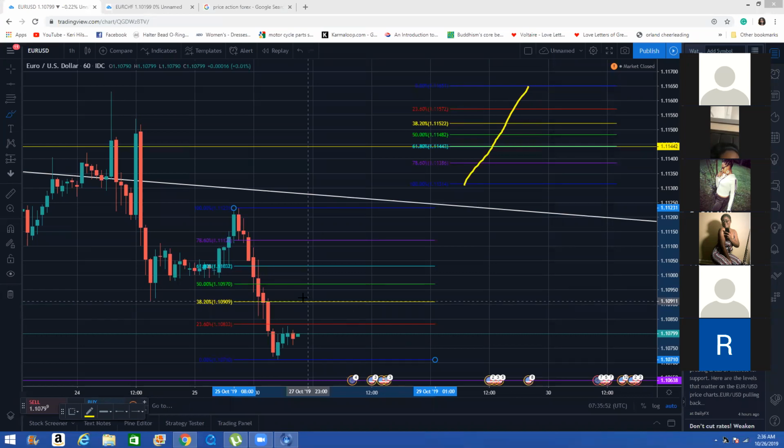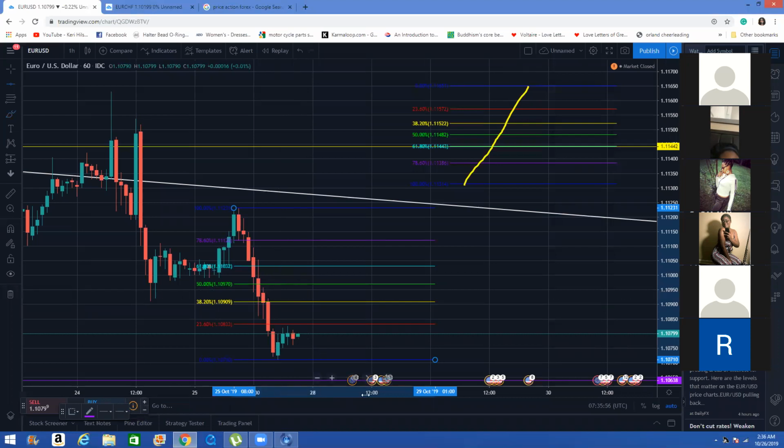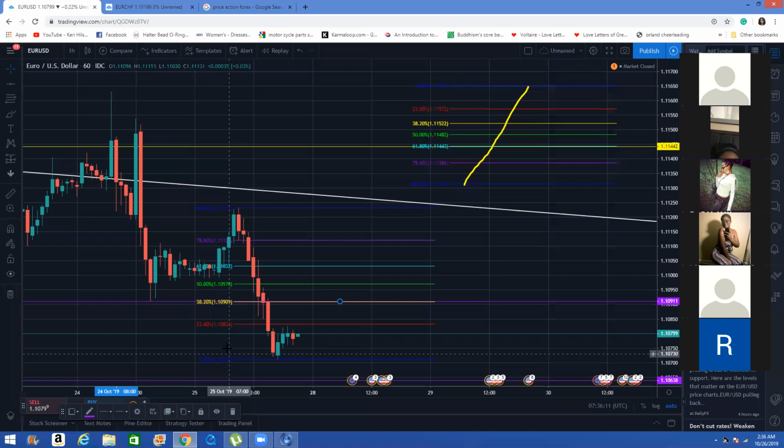And I also have another reason to think that it's gonna come to right here before it drops. These wicks right here are our rejection areas, meaning that it could come right here and reject out that same area. So I can mark up, boom.